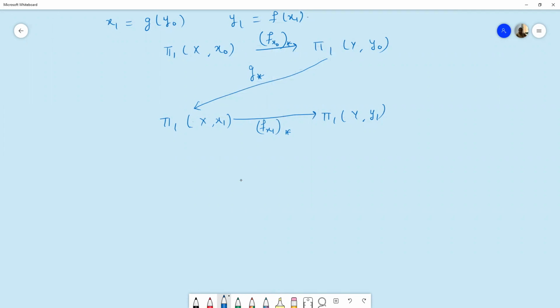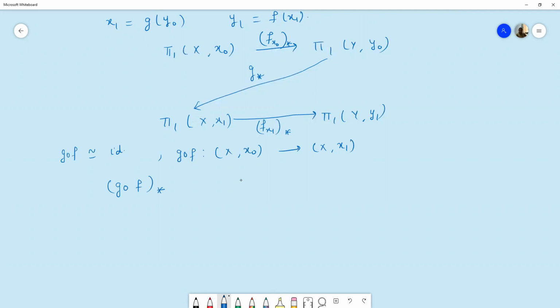Now we know G circle F is homotopic to identity. That is given to us. This G circle F is basically a mapping from space (X, x0) to (X, x1), and it is homotopic to the identity map. So for G circle F star, we use the lemma we have proved: if H is homotopic to K, and H maps point x0 to y0 and K maps point x0 to y1, then K star is equal to alpha cap circle H star, where alpha is a path from y0 to y1.